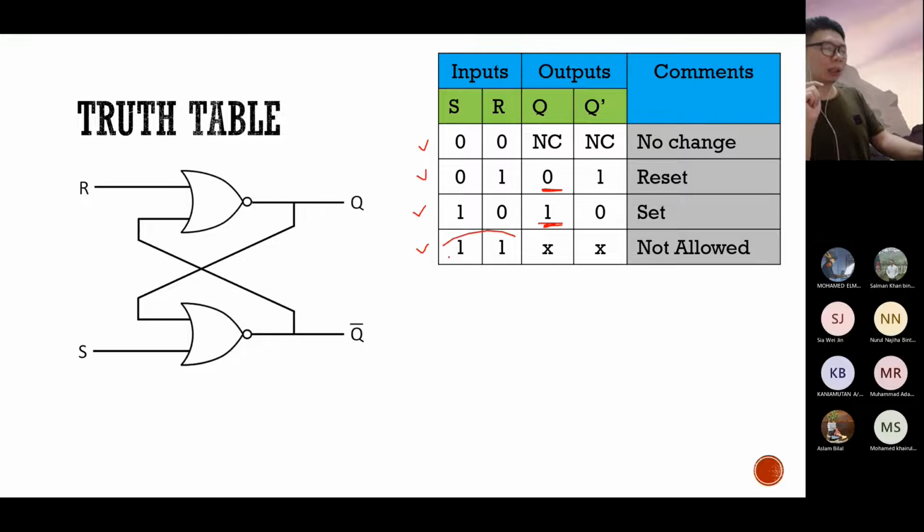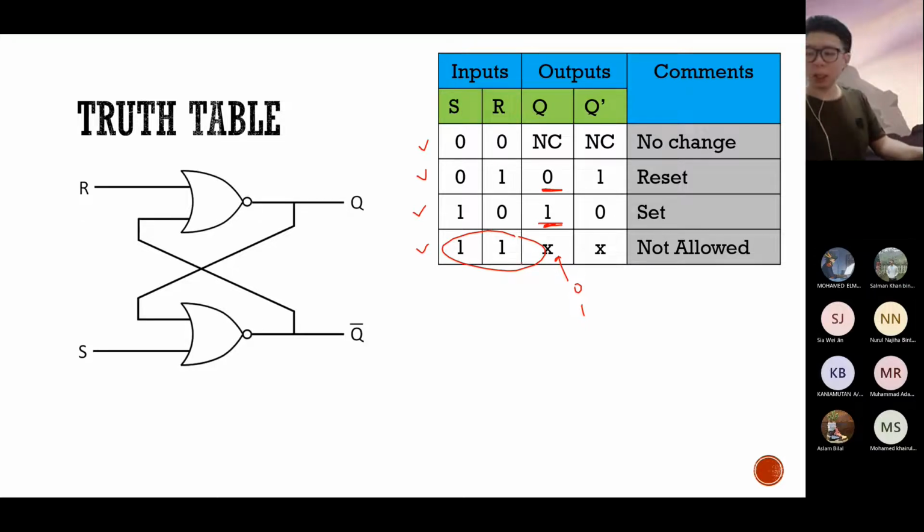We try to avoid giving two values of 1 into an SR latch, because this will give an error at the output, and the output is in an indeterminate form. It can be 0, it can be 1, or it can be bouncing between the two values 0 and 1. So it's not fixed. That's why we put an X over here.